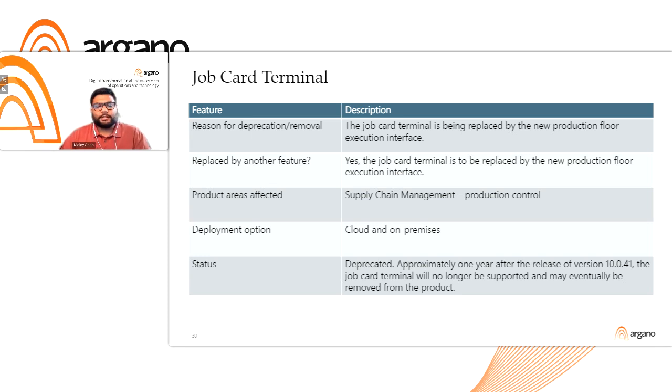The status is that the feature is deprecated, and approximately 1 year after the release of version 10.0.41, the job card terminal will no longer be supported and may eventually be removed from the product. So if anyone is still using job card terminal, look to move to the new production floor execution interface.